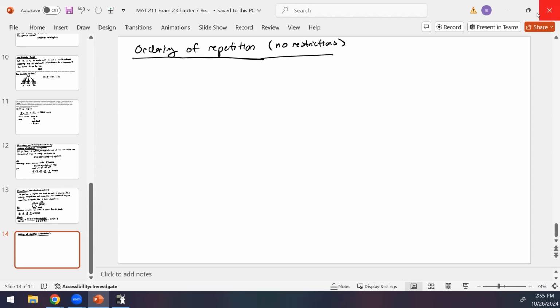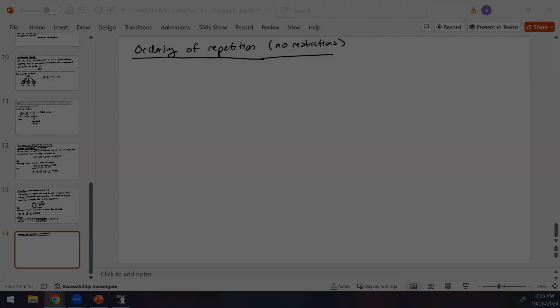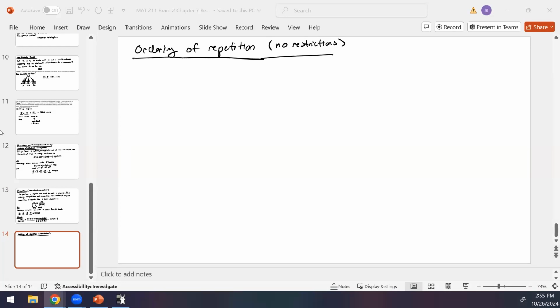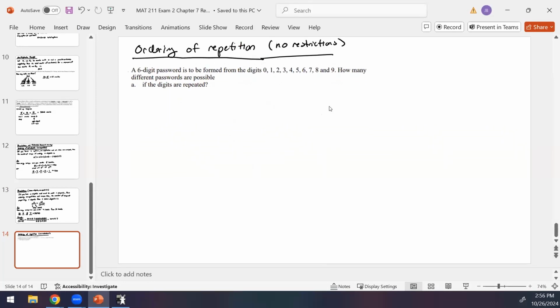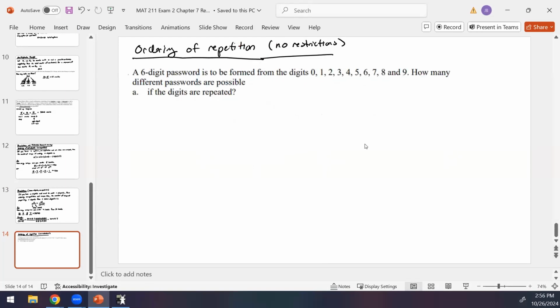So let's do an example from the review. We'll do the first one. A 6-digit password is formed from the digits 0, 1, 2, 3, 4, 5, 6, 7, 8, 9. How many different passwords are possible if digits are repeated? Okay.